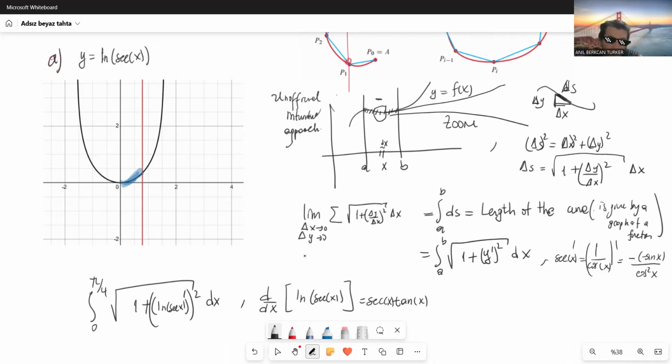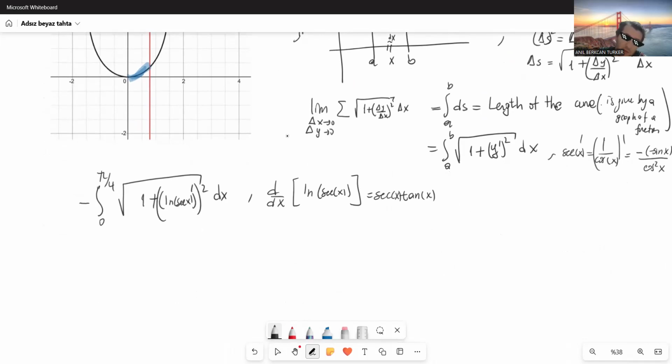You need to take the square of it, sum with 1, and calculate this integral. Let me call it L. So L is equal to the integral from 0 to pi over 4 of the square root of 1 plus secant squared x tan squared x dx.